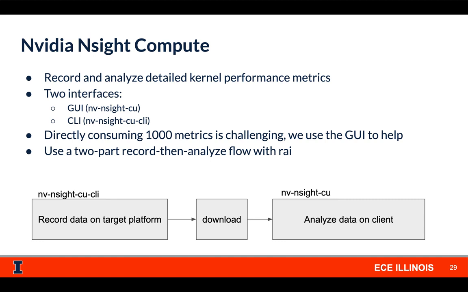These are very difficult to interpret without some assistance. It may be even difficult to figure out what the metric even means, and so the GUI can help us understand the metrics that the command line interface can record. So what we're going to do with Rye is use the command line interface in Rye to record the data about the execution, and then you're going to download that and use the GUI on your laptop to analyze that data.